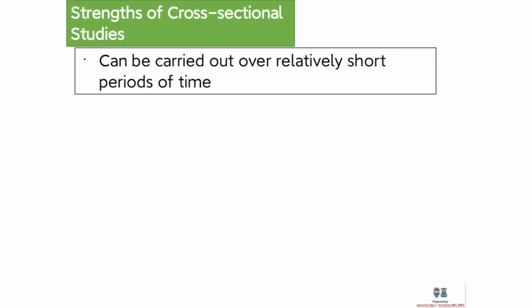So you just go back in time through records, interviews, questionnaires, and health surveys, etc. Madali na lang siyang magagawa nun yung study mo. Okay, so it can be carried out over a relatively short period of time. And importante pa, there is no follow-up period.